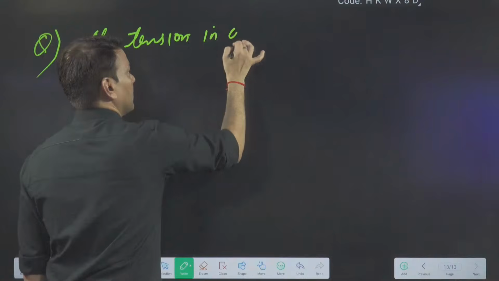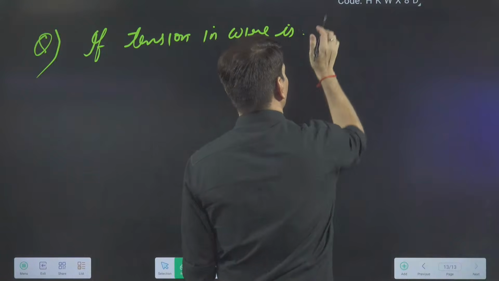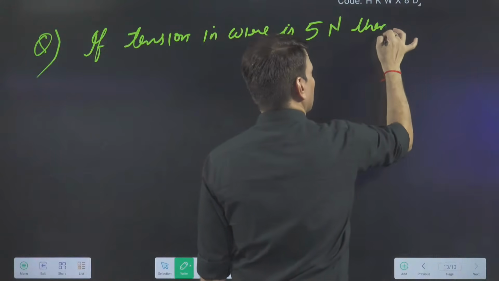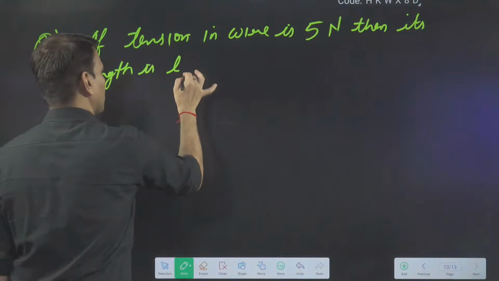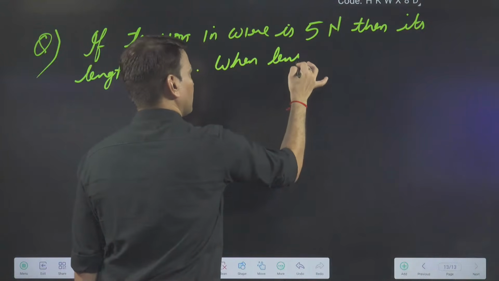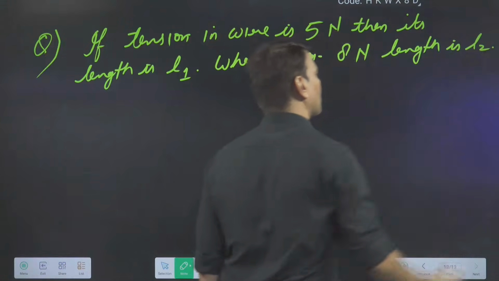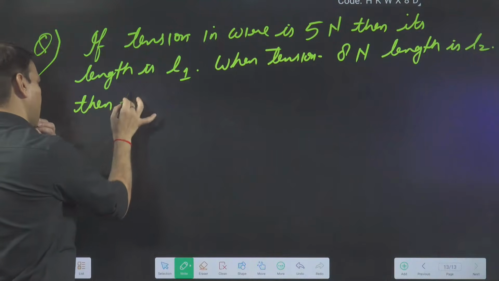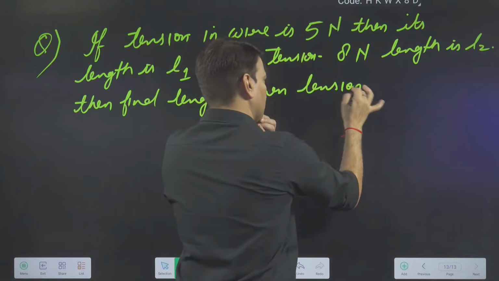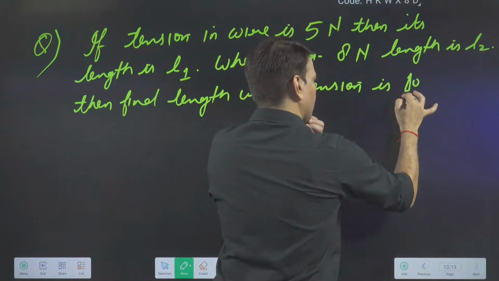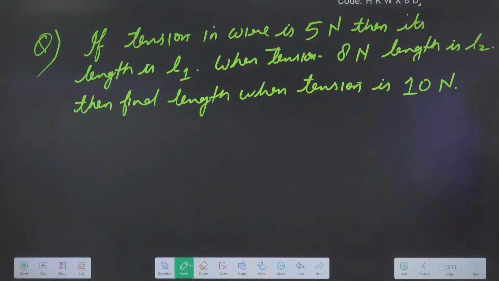So here, one wire has a tension of 5 Newton, and its length is L1.